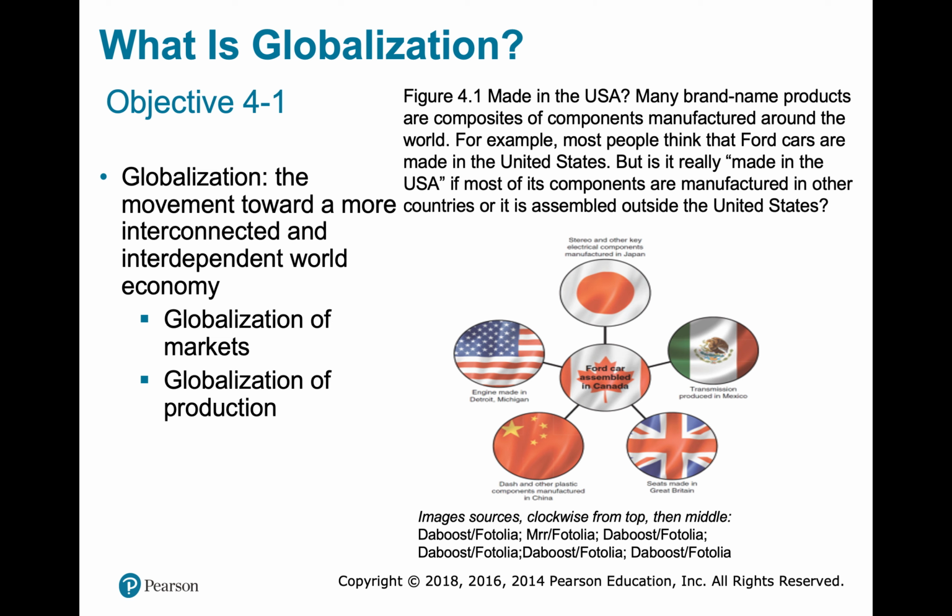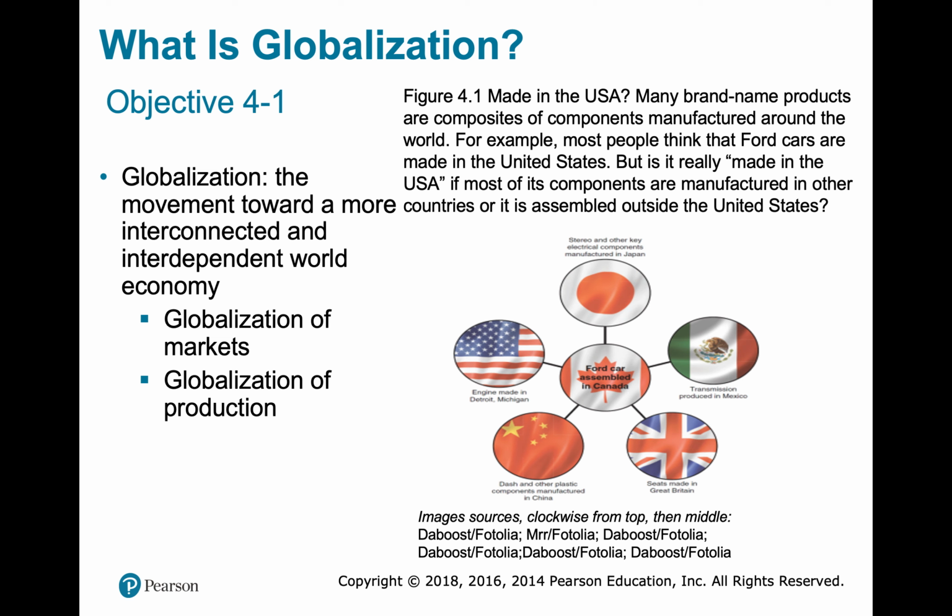So, for example, your figure discusses that sometimes things say that they're made in America, but that doesn't necessarily mean that every little component, every little piece of that item is made in America. And they use the example of Ford.